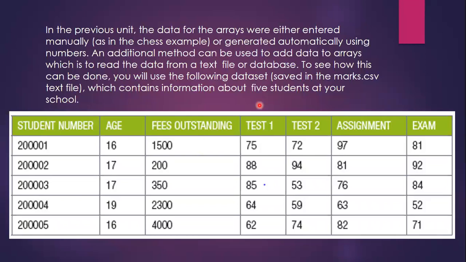Then it will be based on your test marks and your assignments to see which students will be able to go. So test 1 is the marks, test 2 an assignment, for example, like your PAT, and what you received in your exams. That is a basic database that we have over here.